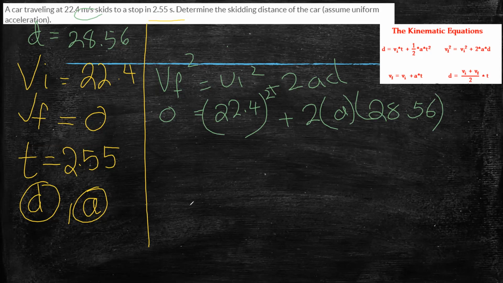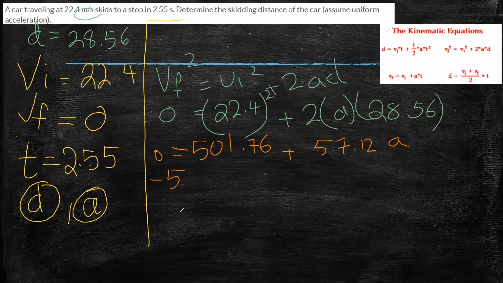What do you have to do now? First, 22.4 squared, which is 501.76, plus 2 times 28.56, which is 57.12A. Then let's move this one to the second term.